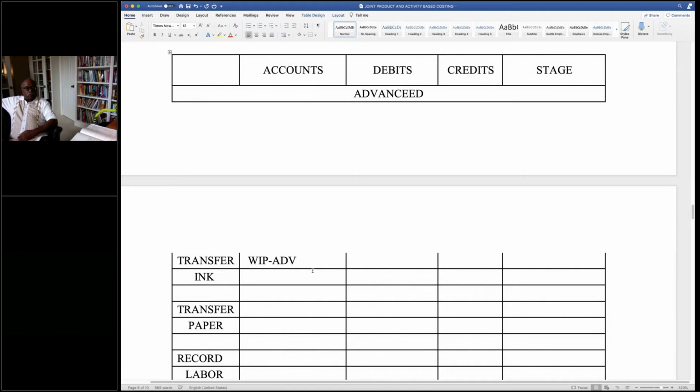So we multiply 30,000 by 20 because that's how much it costs for 1 unit of ink. Credit work in process, advanced, and the amount is going to be 600. All right, and then they got 20,000 units of paper at $10 each. So that number comes out to be $200,000 for the paper.